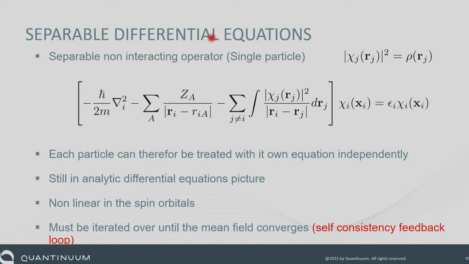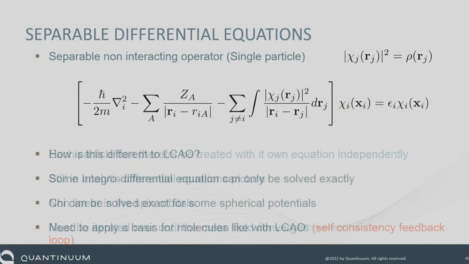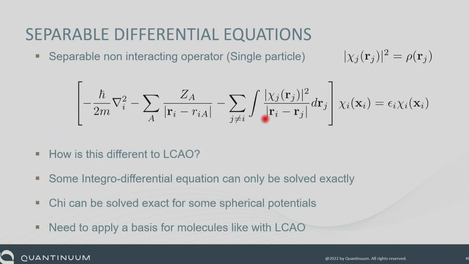But you might notice that when you solve this, you get a new solution of the spin orbitals. So it's a nonlinear equation. By solving with this input density, you get a new density here. For one set of spin orbitals, you solve the equation, and you get a new set of spin orbitals.